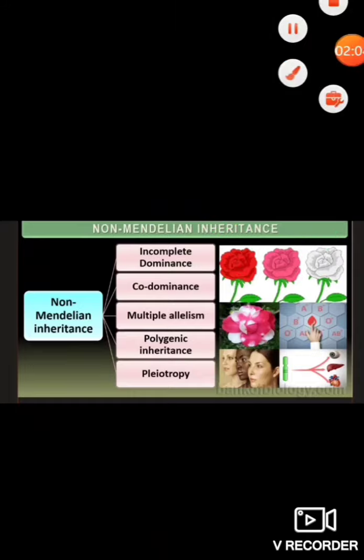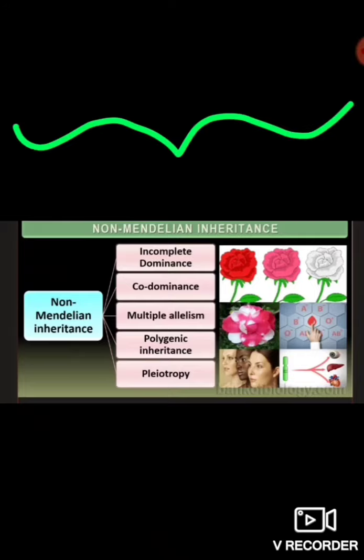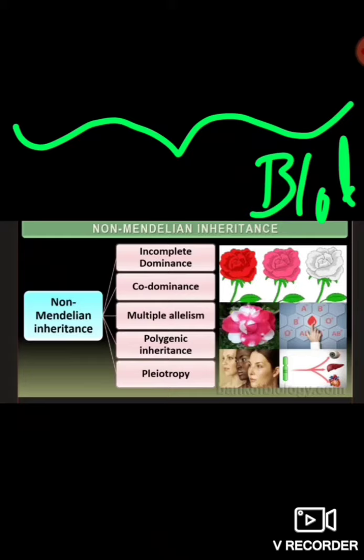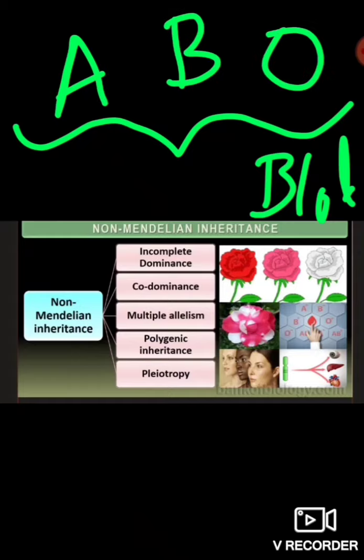Then what is multiple allelism? Multiple allelism is where, for one gene, there should be two alleles. But if you consider a population, for one character like blood group, only two alleles and two phenotypes should be there. But here we can observe A blood group, B blood group, O blood group and AB blood group.